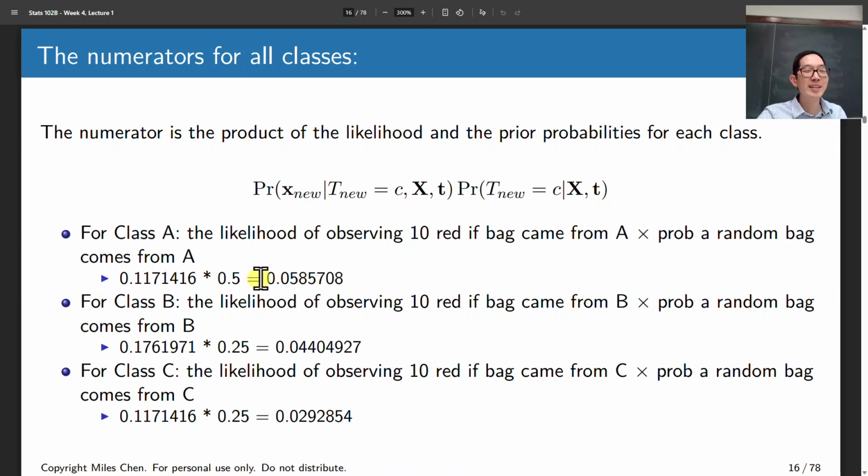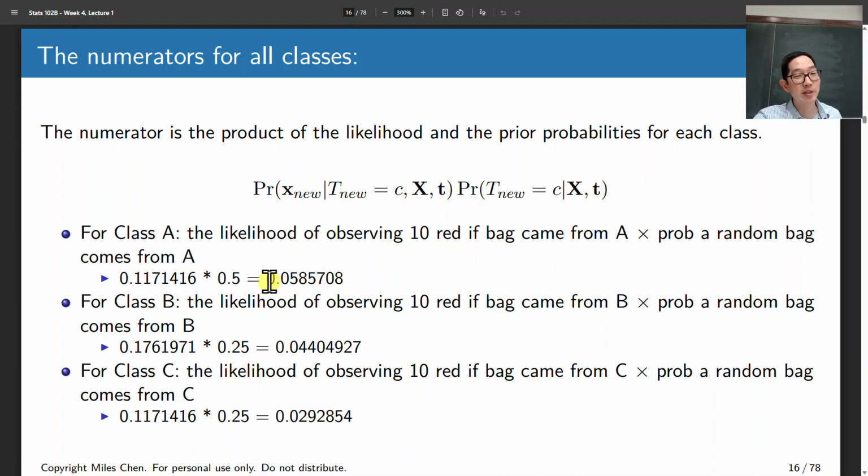Except the issue is that if I add these up, they don't add up to 1. So I have to scale everything so it adds up to 1, keeping the relative sizes, and that's why we divide by the denominator.